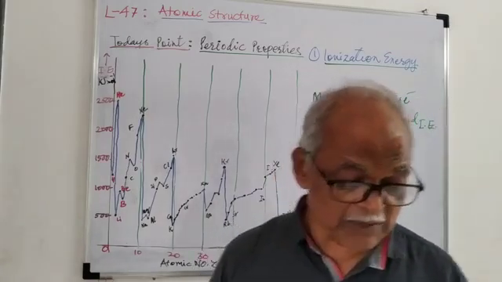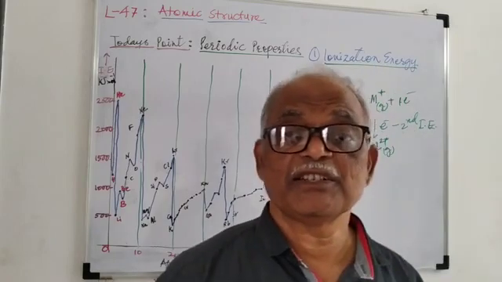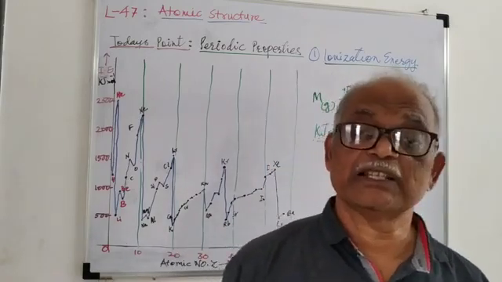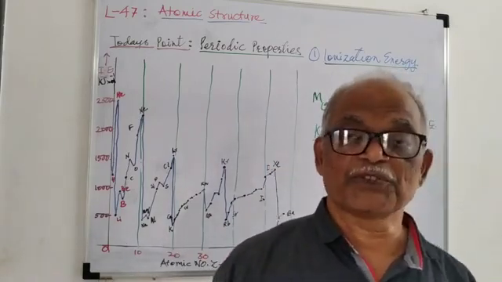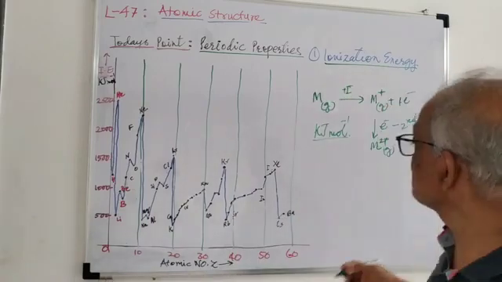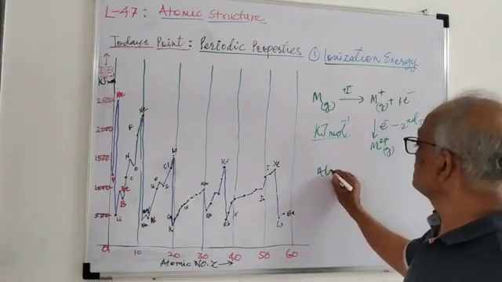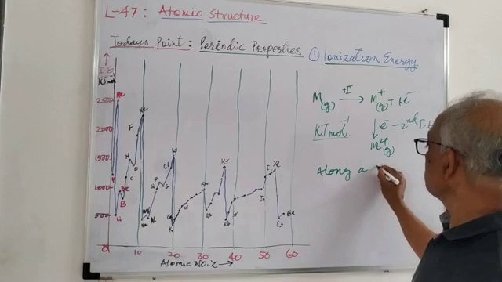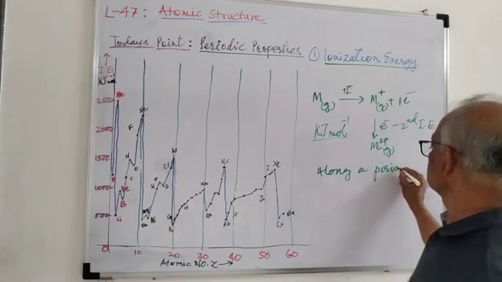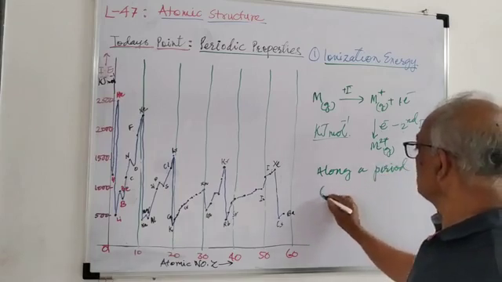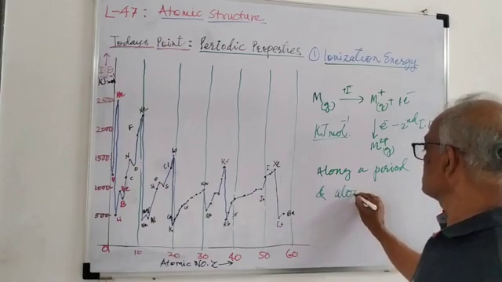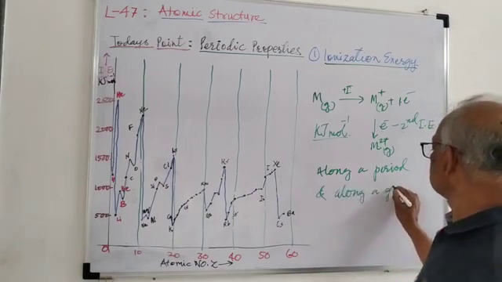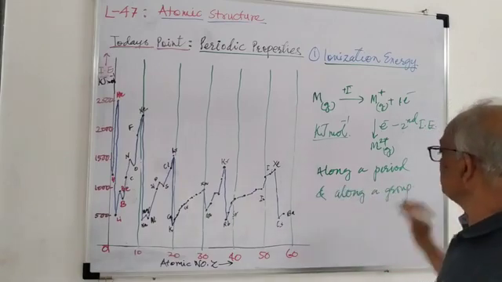When we want to see the ionization energy trend, we can consider this trend along a period and along a group or family.